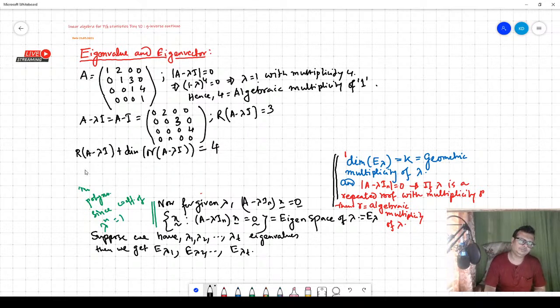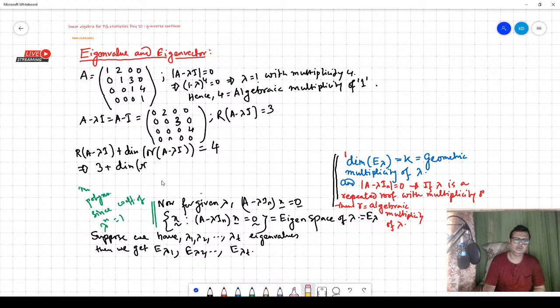The rank of A minus lambda I is 3. The dimension of null space of A minus lambda I is nothing but the eigenspace of lambda, and lambda here is 1.